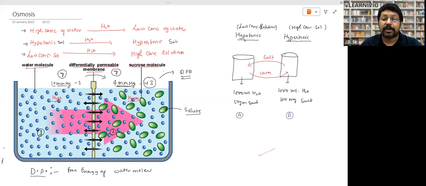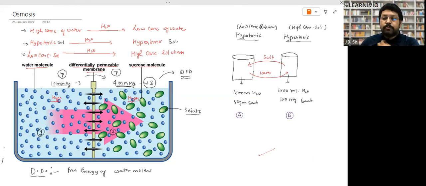Water will start moving from hypotonic to hypertonic, means from the blood to the outside. The fish will shrink and it will die. Did you get my concept? Yes, sir. Same thing like you put a raisin in fresh water and the raisin swells in the morning. You put a grape in salty water and the grape shrinks. The same thing happened with the fish, right?